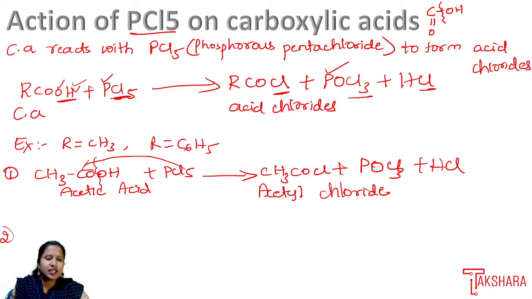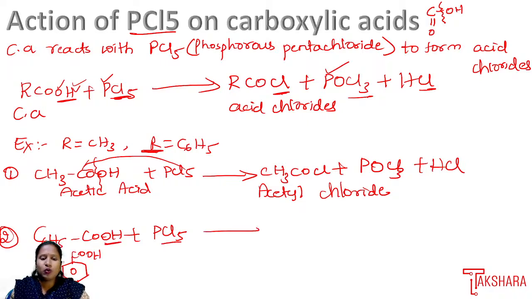So the next example we'll consider, in place of R, let us substitute a benzene ring, that is C6H5COOH. Or we can also write it as a benzene ring with COOH attached. Let us treat that with PCl5. So again one Cl is going to replace one OH group, so the bond will break between CO and OH.